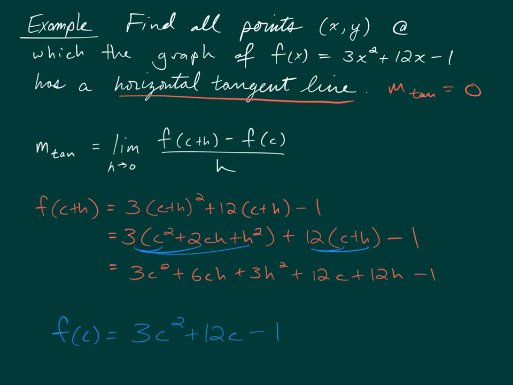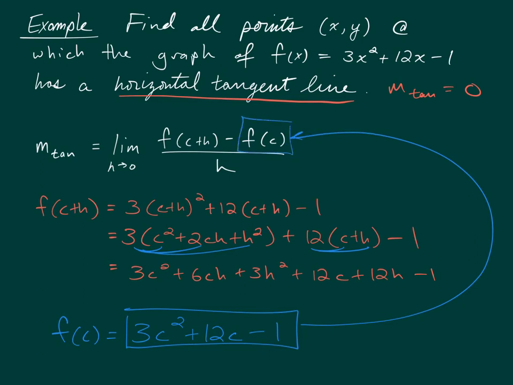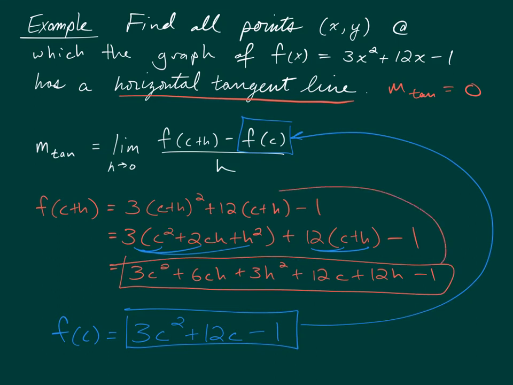So now all that's left to do is to substitute this up here in for f of c, substitute all of this in for f of c plus h, and take the limit.